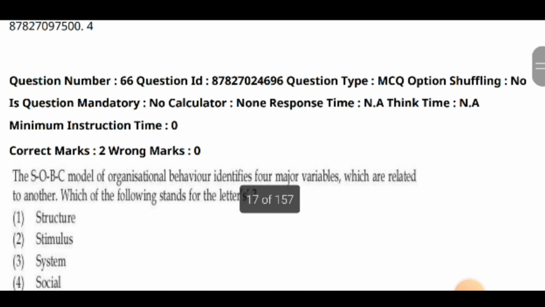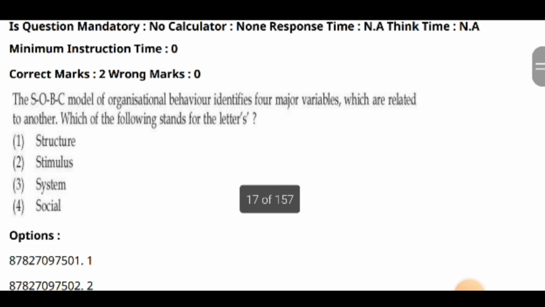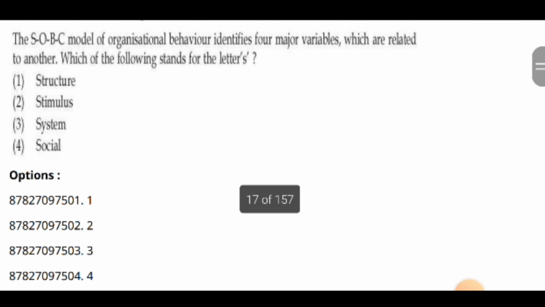Then the SOBC model of organizational behavior identifies four major variables which are related to one another. Which stands for the letter S? This is actually an easy question: structure, stimulus, system, social. You can connect organizational behavior with stimulus.